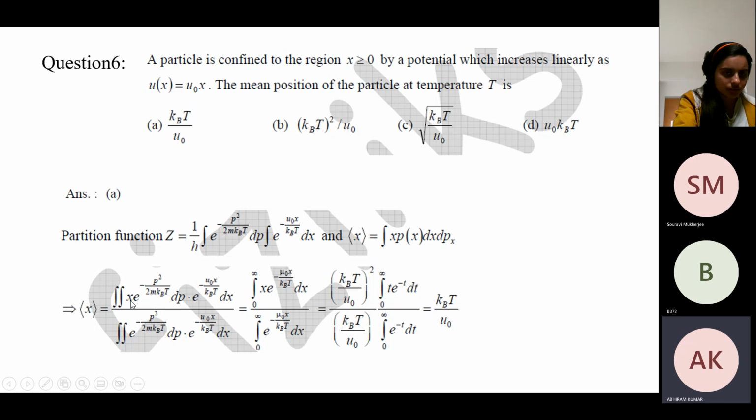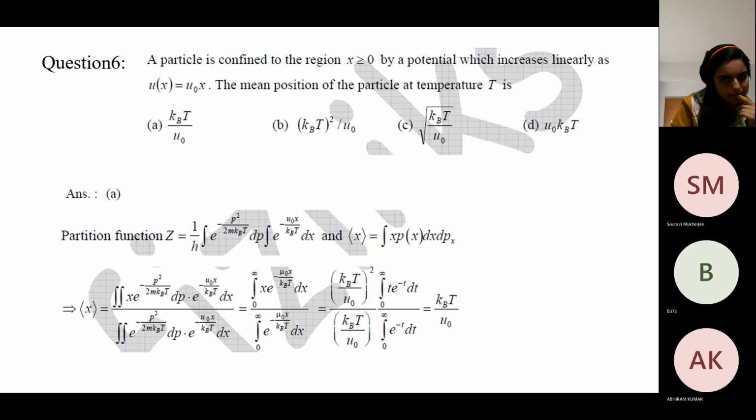The variance is the mean of x square minus the square of the mean, right? Very good. So this is your variance.